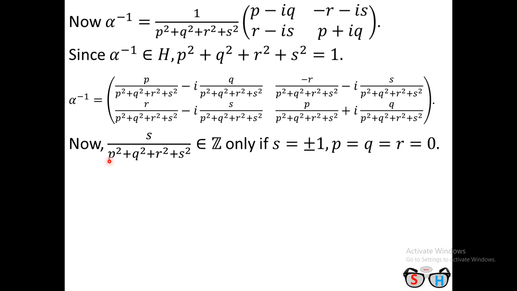If you take P, Q, R with at least one non-zero, suppose P equal to 2 and Q and R are 0, then the result will be 1 by 2 square plus 0 square plus 0 square plus 1 square, that means 1 by 5, which is not an integer. However, if you take S equal to 1, then the remaining elements P, Q, R must be 0, otherwise it will not be an integer. Similarly, if you take S equal to minus 1, in that case also you have to take P, Q, R as 0.